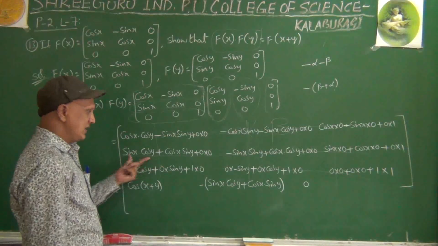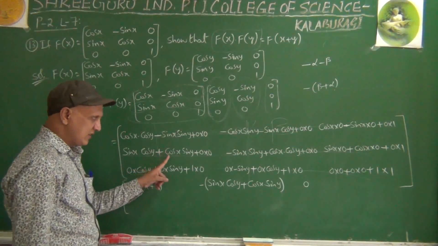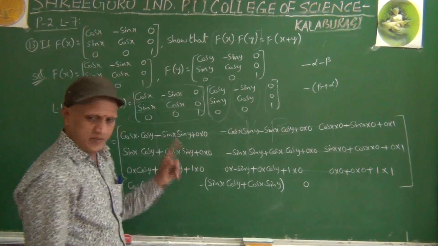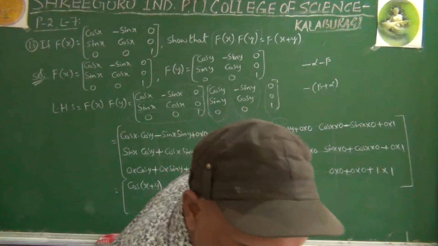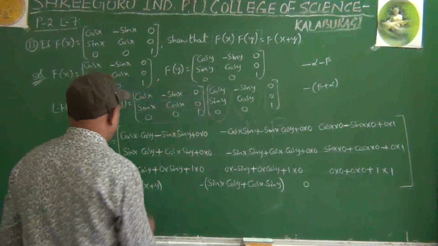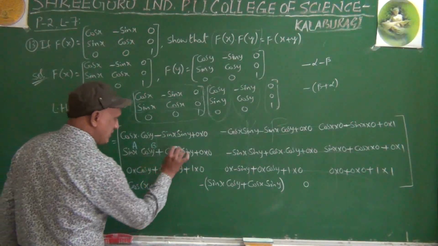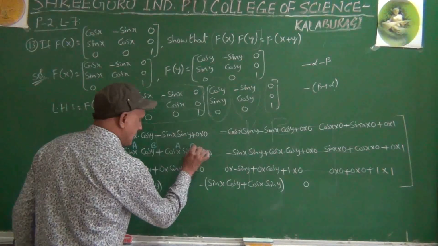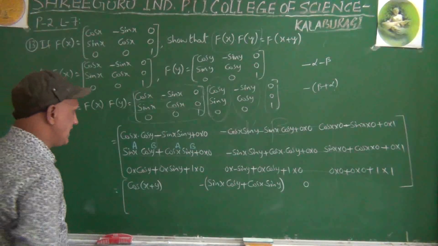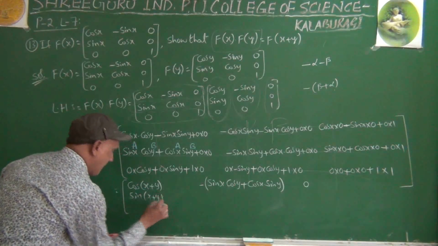Sin a cos b plus cos a sin b. Sin of a plus b formula.